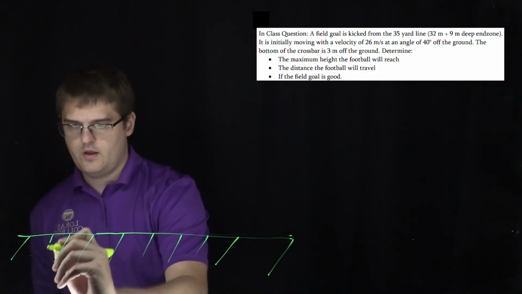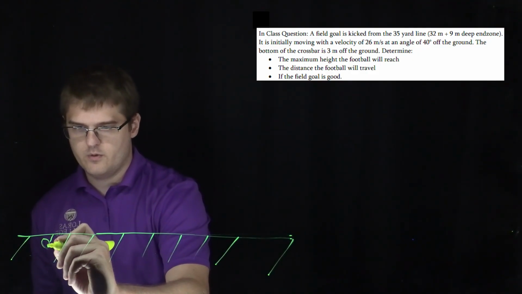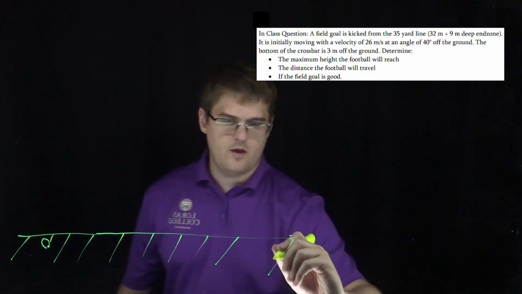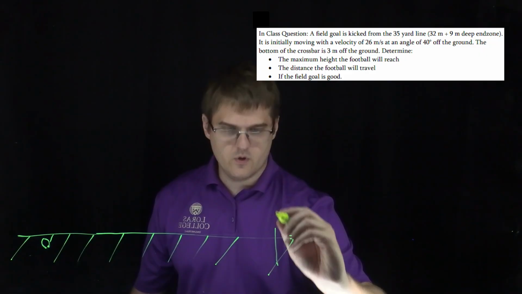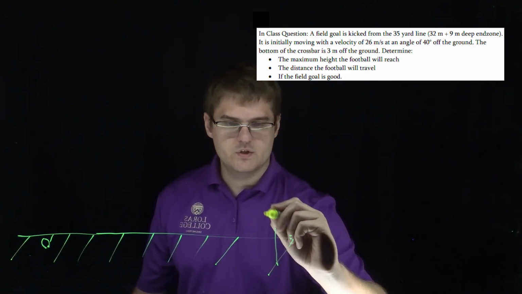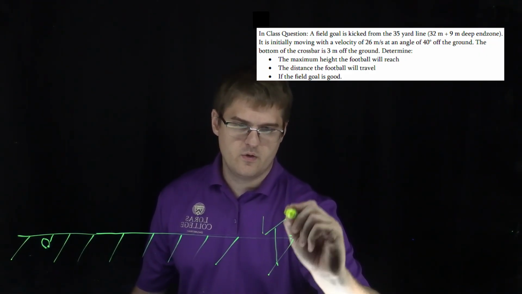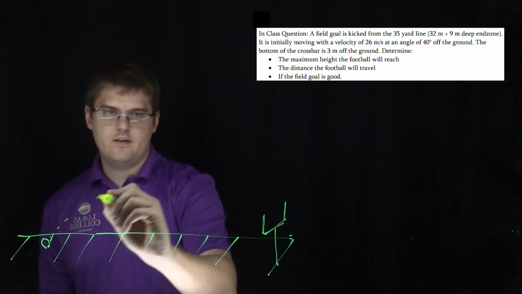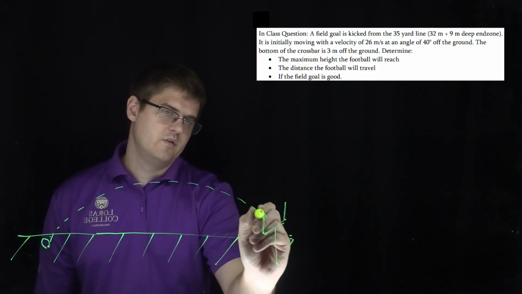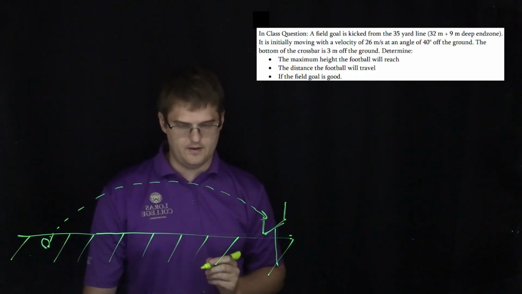And we're kicking from right here. We've got our football, and we're trying to make it into our field goal, which is going to be right here. So our kick is going to go something like this, and we're hoping to get it in.